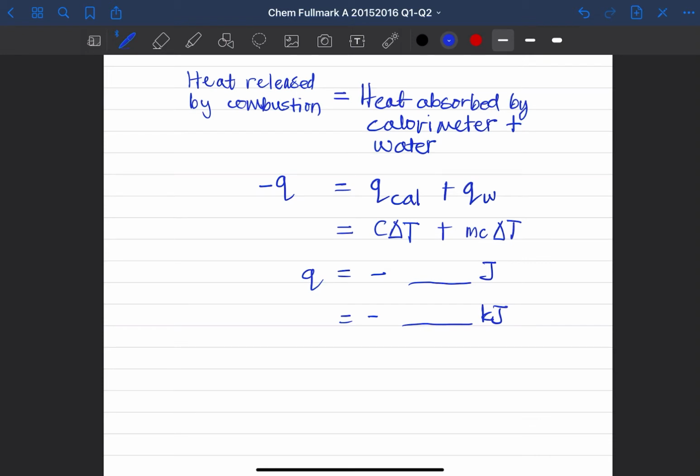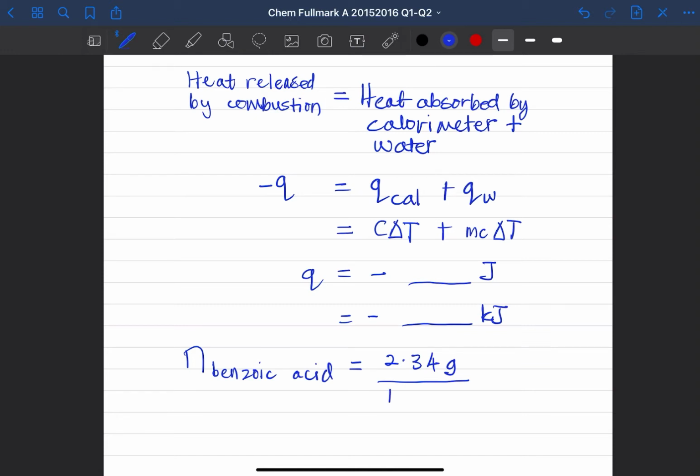Next, we calculate the number of mole of benzoic acid given. So mole of benzoic acid, you take the mass 2.34 gram over the molar mass of benzoic acid. You can calculate on your own.